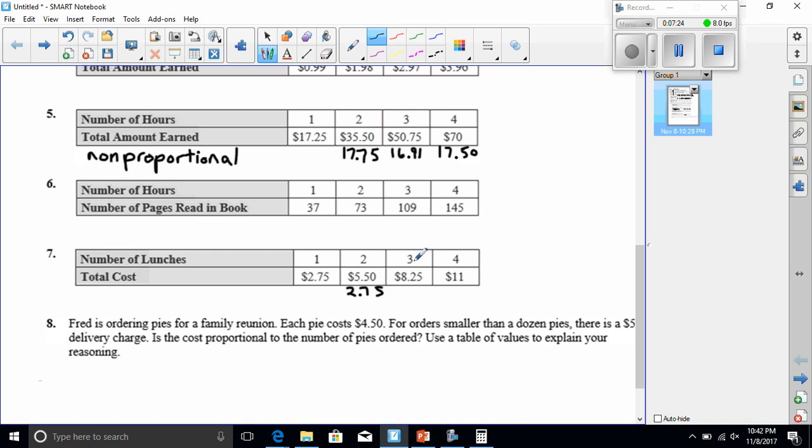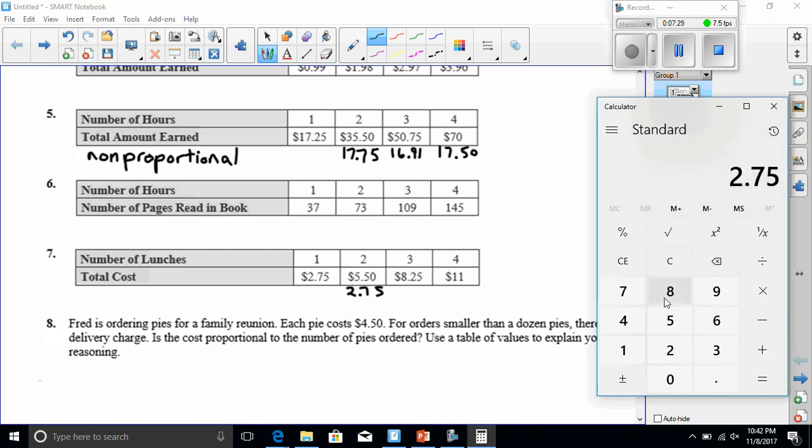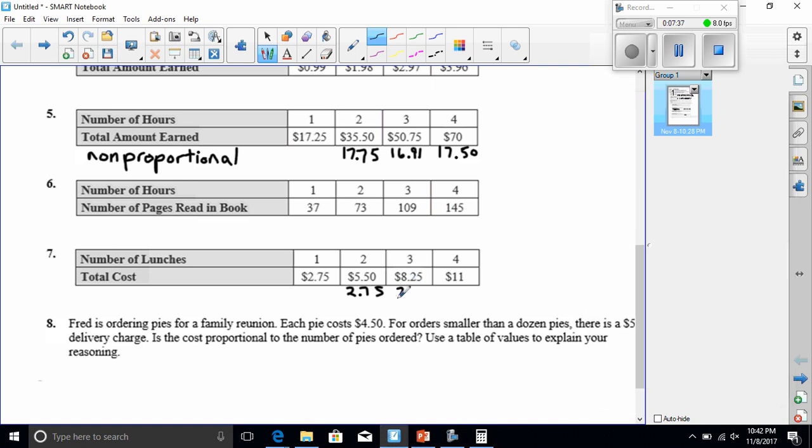How about we try 8.25 divided by 3? Yeah, that gives us 2.75 too. Well, that tells me all we need to do is get 2.75 for number 4, and this table will be proportional.